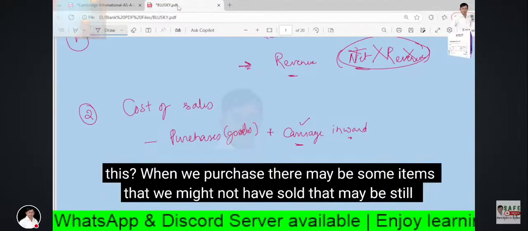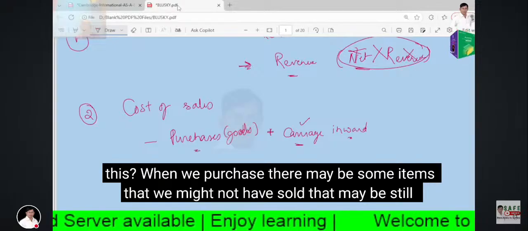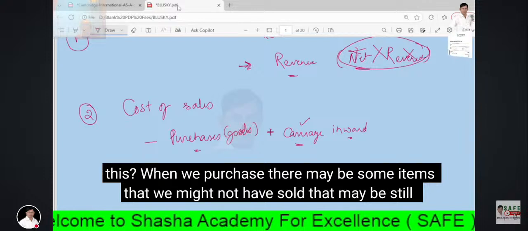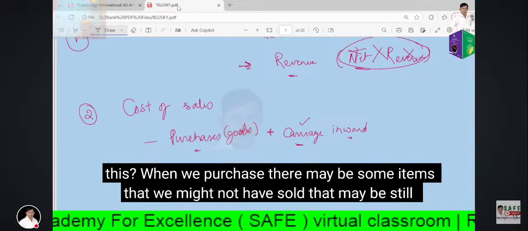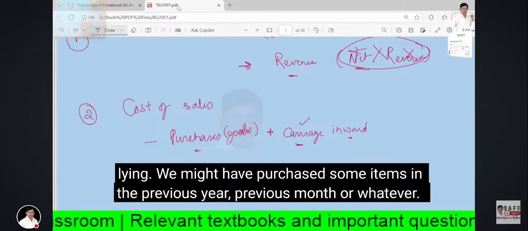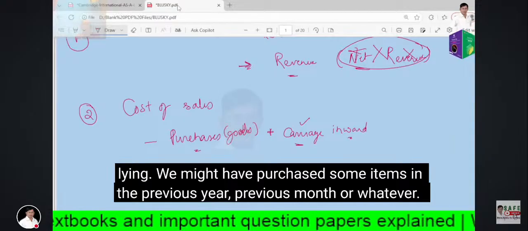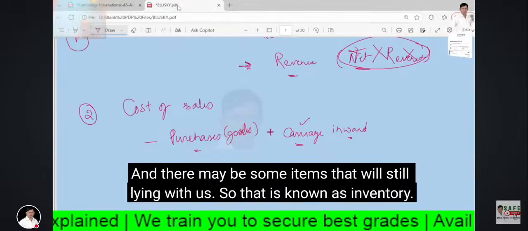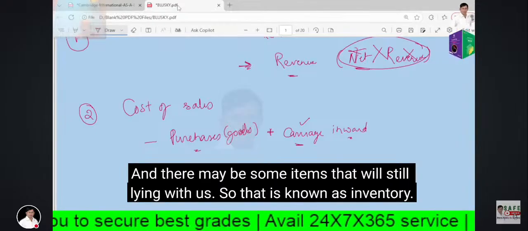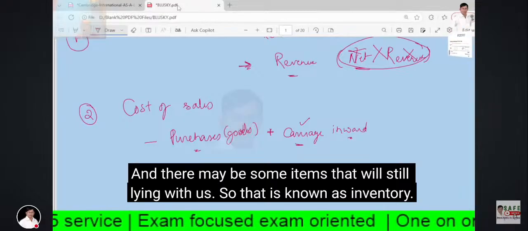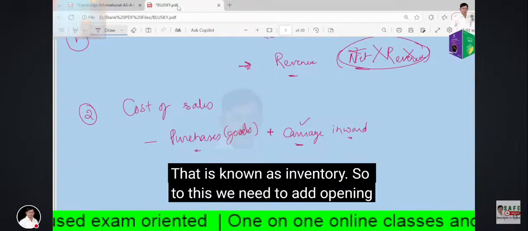When we purchase, there may be some items that we might not have sold, still lying with us, perhaps purchased in the previous year or month. That is known as inventory.